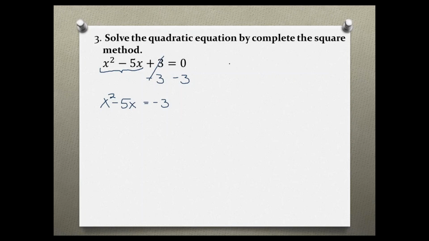Now let's use a formula which is b over 2 squared, or you remember, half the second coefficient squared.